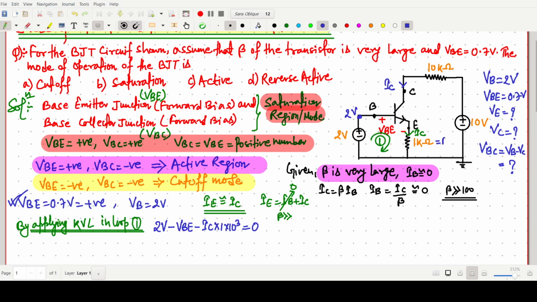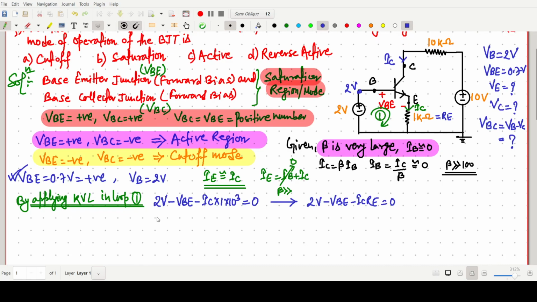If we say this is RE, again I am writing 2 V minus VBE minus IC RE, the same thing I have written here. Both are the same. Now VBE value is already known to us, so we can write 2 minus 0.7 and IC into 10 to the power 3.